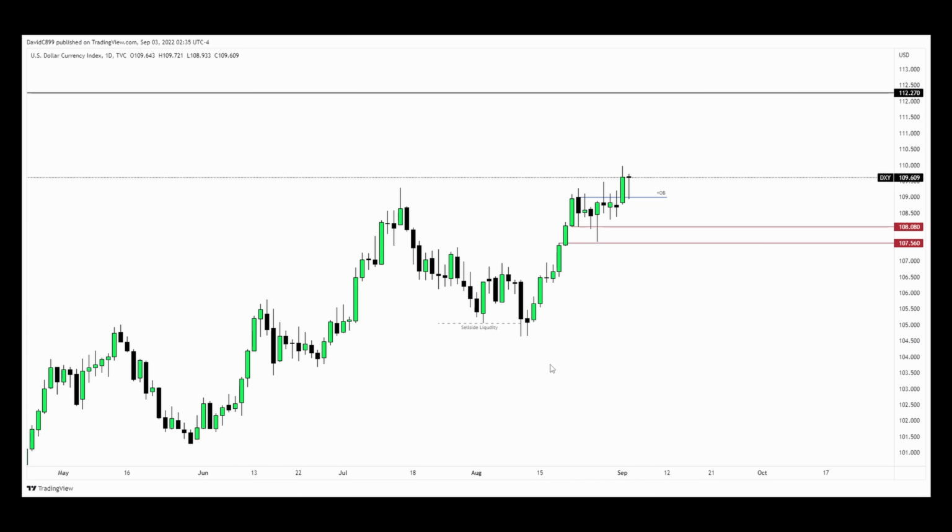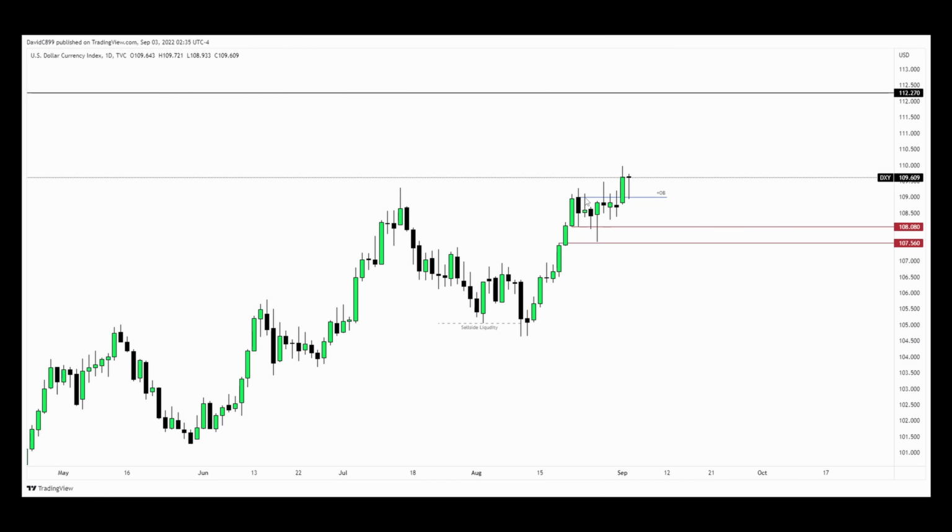This is the US dollar index daily chart, and we can see here that the US dollar is really strong. It raided those sell stops, sell side liquidity, and from there it is pushing aggressively higher, making a new high. And we can see that price traded lower into this buy side imbalance, and from there trading higher.